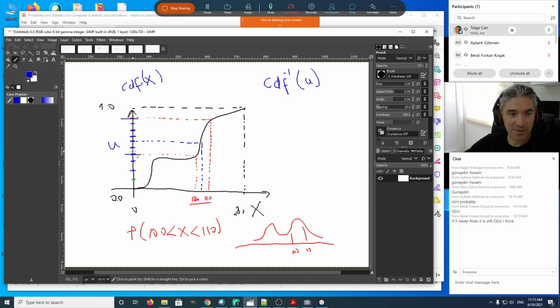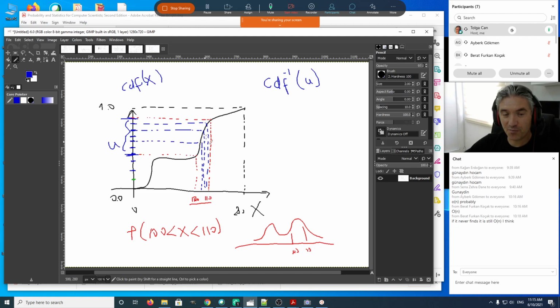Now you see what happened: they are uniform random variables between this interval and this interval, which were equally spaced. Now, what happens if you map them with this CDF function? They all fall into this very small region between 100 and 110.